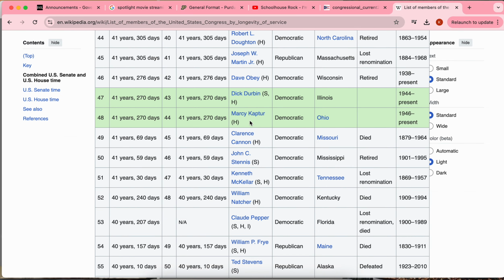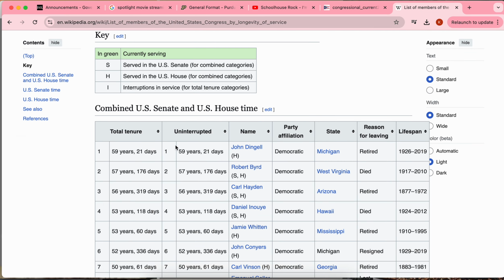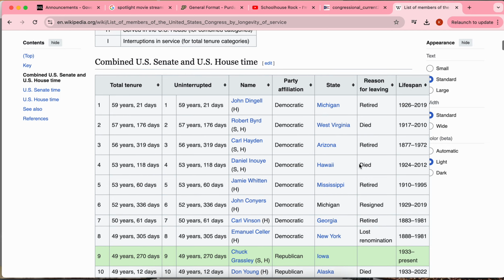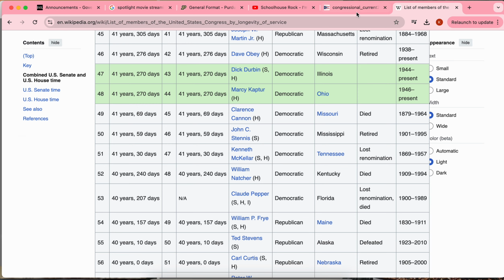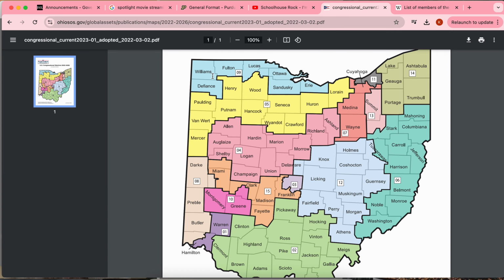Marcy Kaptur, this is our representative from Ohio. It doesn't give their district, but Marcy Kaptur is a congresswoman from Ohio, and she is this district right here.